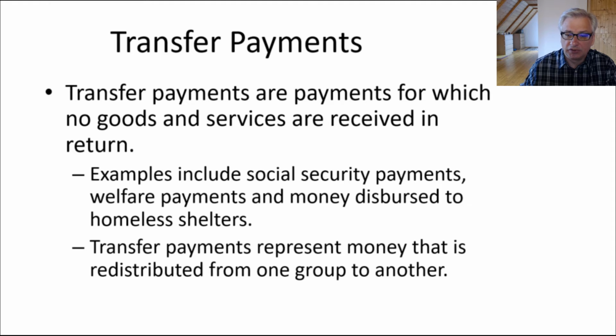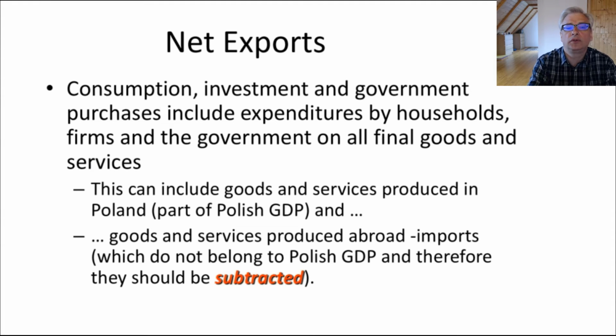Net exports. If you think of GDP in the expenditure approach, we distinguished 4 elements. So that was consumption, investment, government purchases, and net exports. That corresponds pretty well with the idea of who can spend money on, let's say, a car that is produced in our country.